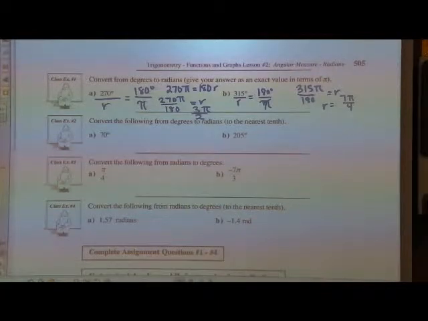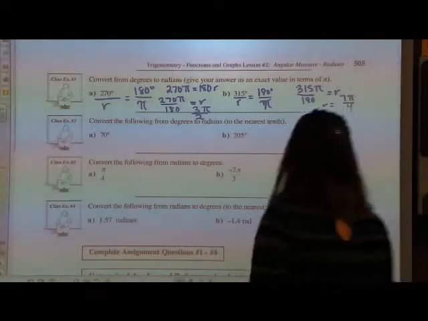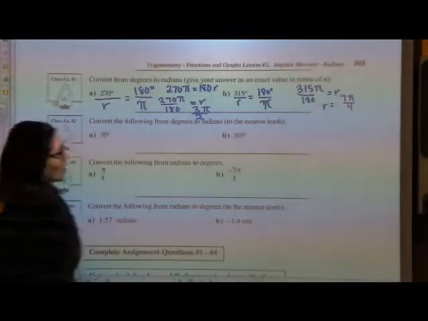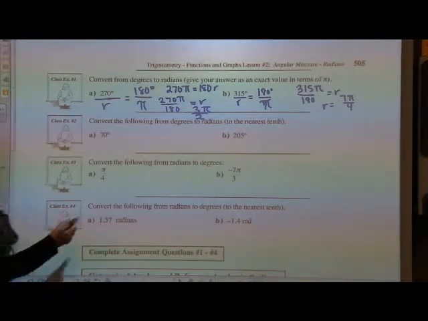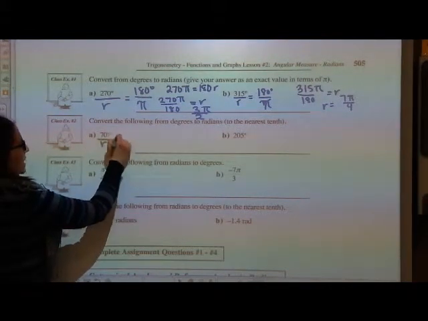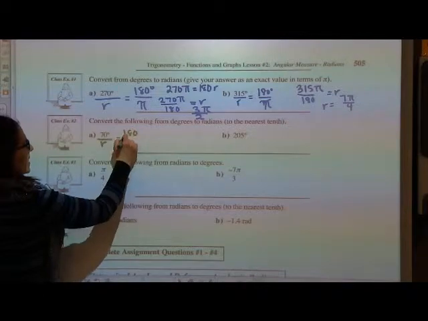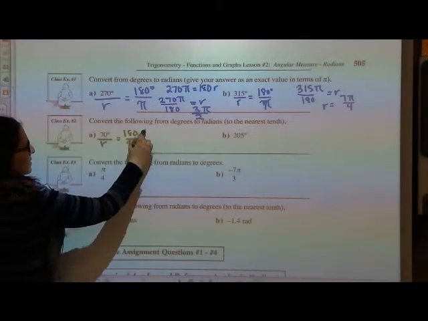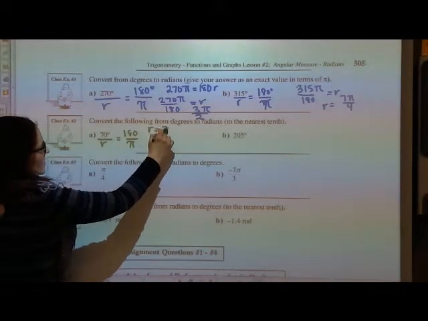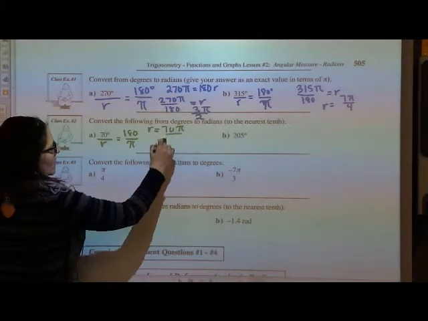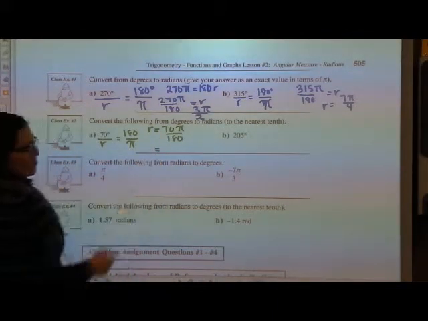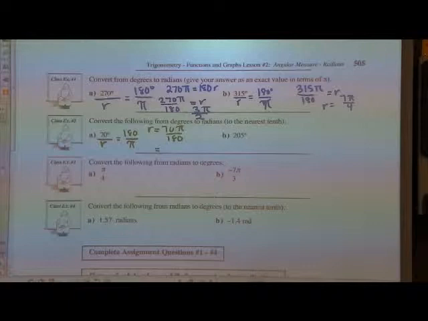Okay. If we go from degrees to radians, only this time we are just expressing our answer to the nearest tenth. So again, we get 70 over r equals 180 over pi. So then r would equal 70 times pi over 180, which to 1 decimal point is equal to what? 1.2.